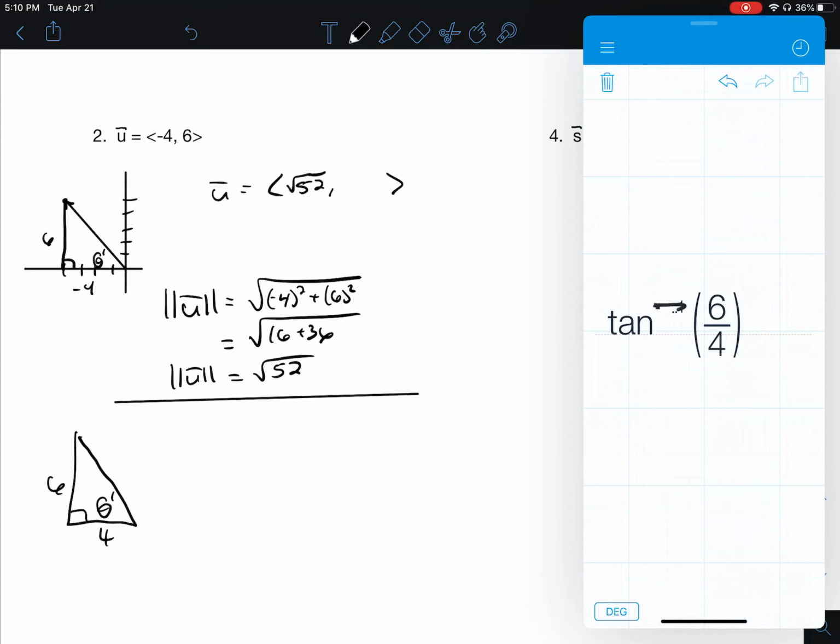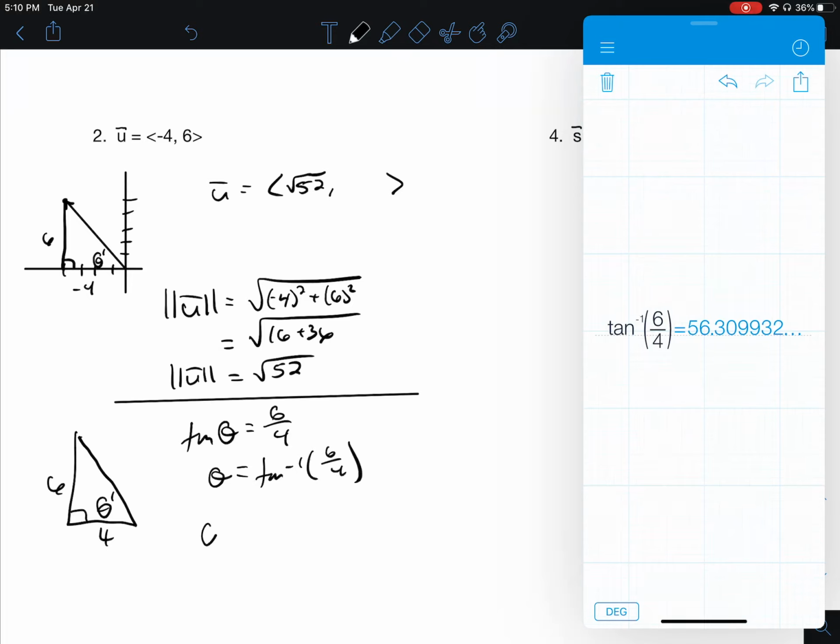Oh, this is awful. There we go. So if we do, once again, tangent of theta, 6 over 4, theta is tangent inverse of 6 over 4, theta is 56 degrees. This is theta prime.